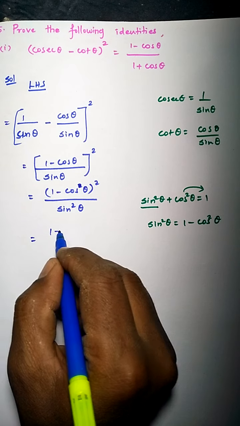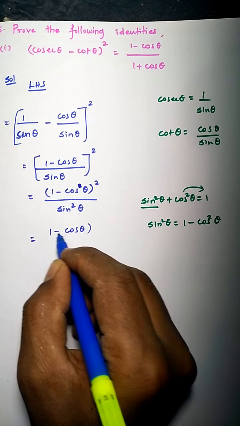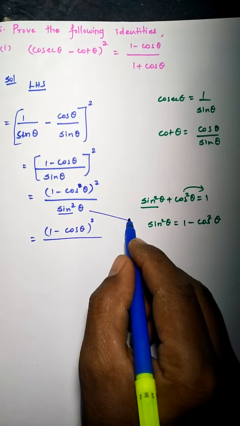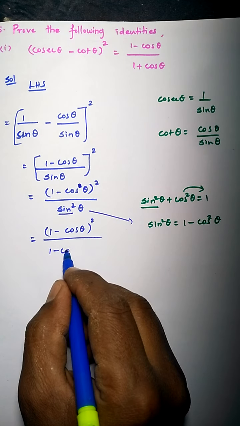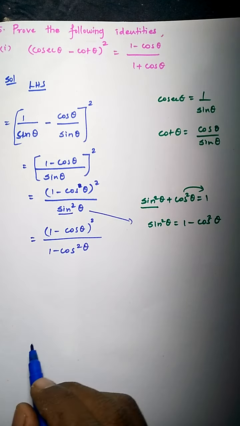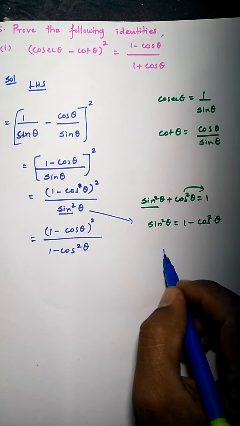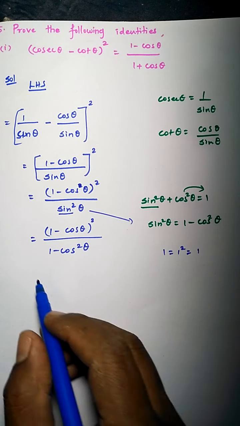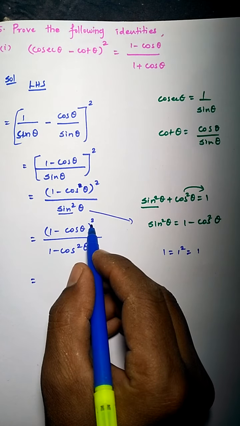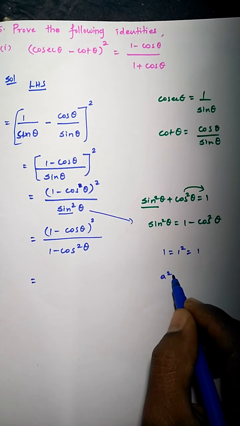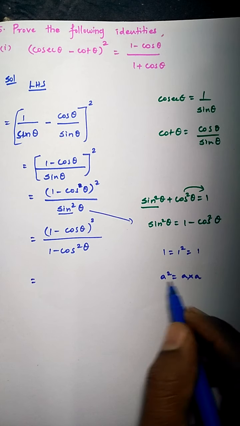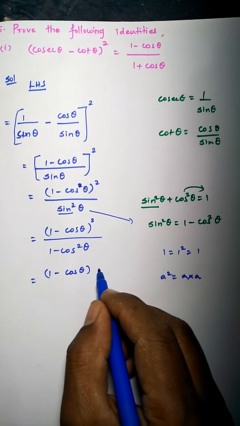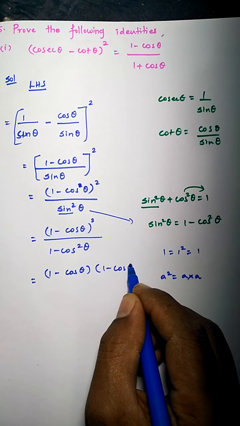In the numerator we have (1 minus cos theta) whole square, and in the denominator we apply 1 minus cos square theta. 1 can be written as 1 square, because the value of 1 square is again 1. The numerator we can split, like a square is a into a, so we can write (1 minus cos theta) into (1 minus cos theta).